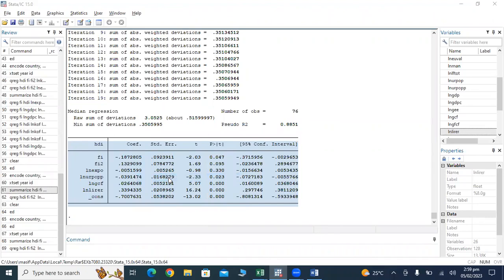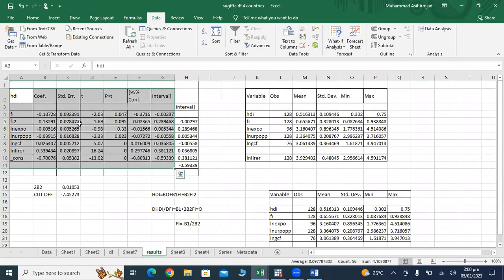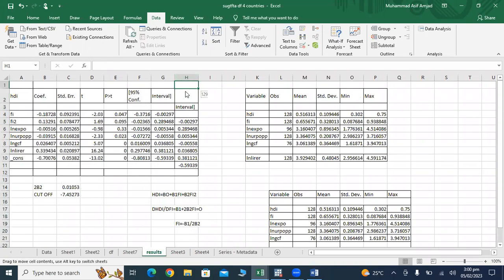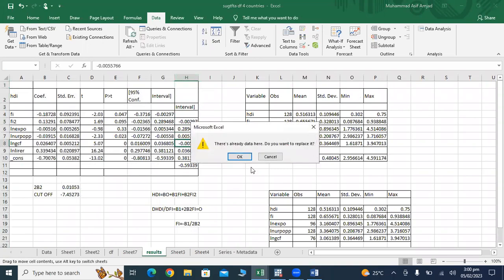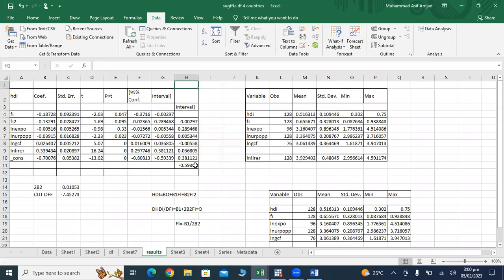Control copy and paste here. We just have to conserve the second column. The financial inclusion is inversely and the financial inclusion square is positively impacting.